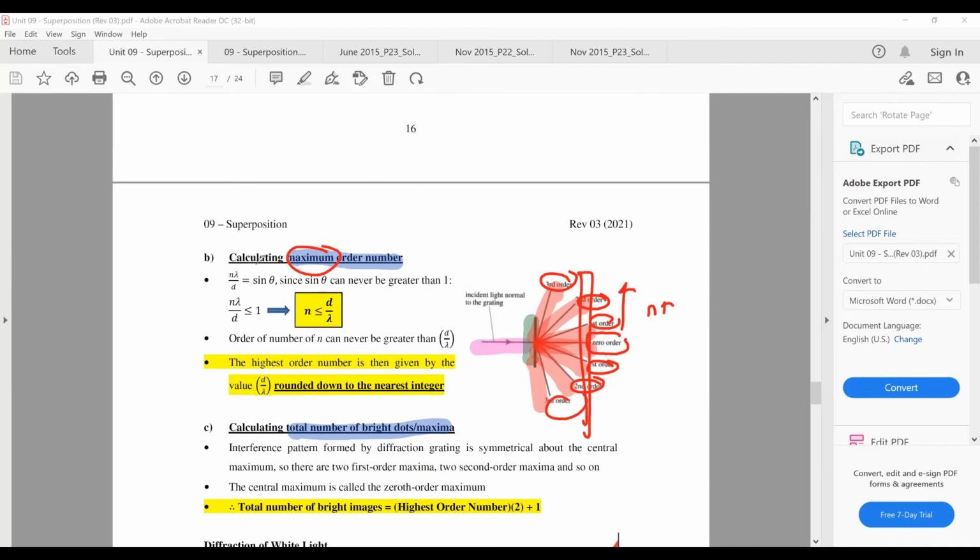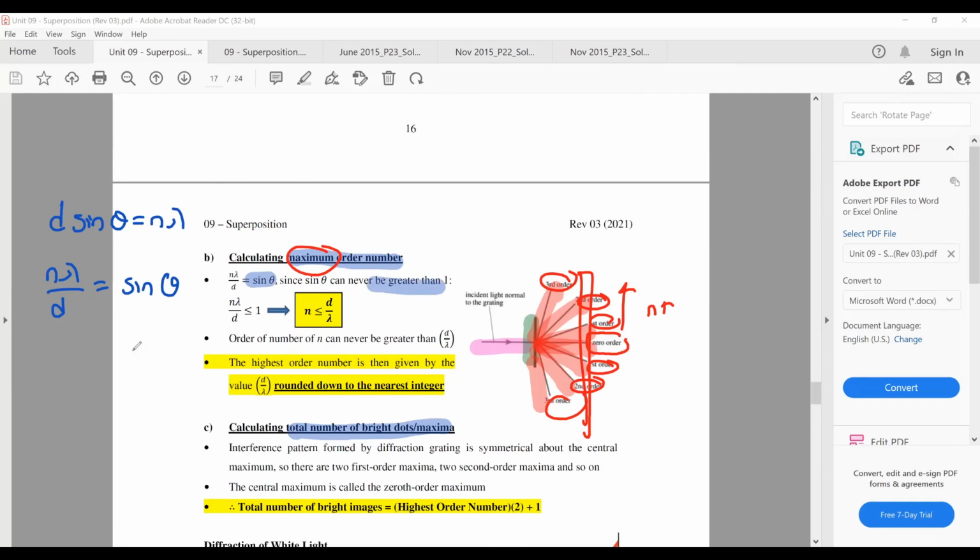So what you do is that you use your diffraction grating equation where we tell you d sine theta is n lambda. N is in turn going to be, what we'll tell you is that n lambda over d is equal to sine theta. Now you know that sine theta can never be greater than 1.